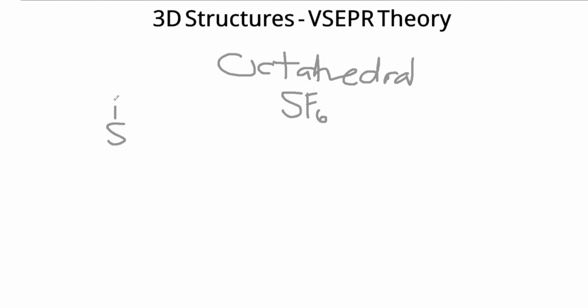Now, another shape is octahedral. Octahedral is when the central atom is bonded to six different elements and has six electron pairs or six bonds. An example can be SF6. The Lewis structure of this would just be six fluorines bonded to the sulfur.